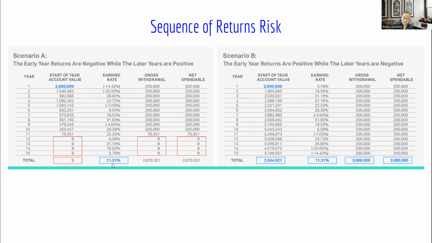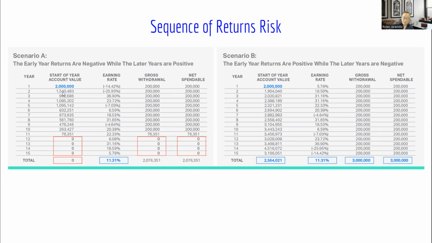Again, showing you 15 years of return. Sample A, sample B. In scenario A, you start off with 2 million, you take a $200,000 distribution to live on for that first year of retirement, but the market takes a dive.